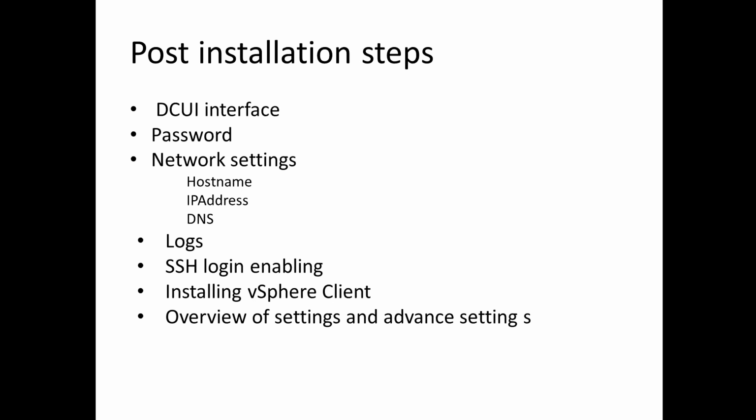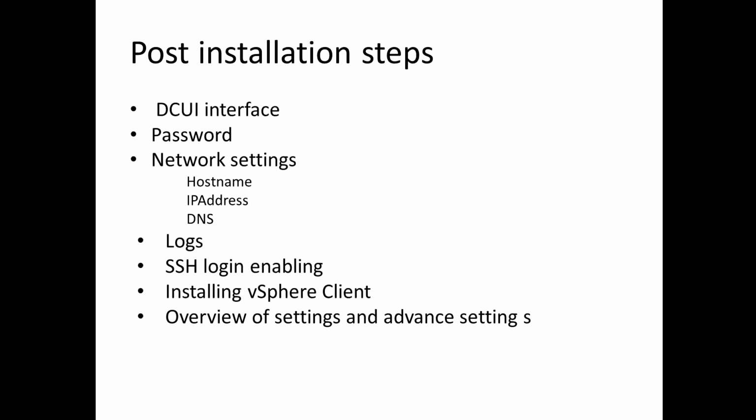Post installation we are going to see how the interface looks and what we can do on the server, meaning the server configuration. We are not going to create any VM directly on the server. To create any VM or to manage any settings, we need vSphere. The server only has the DCUI, the direct console user interface.